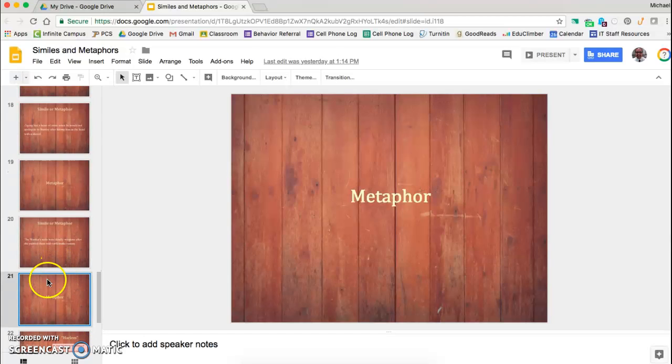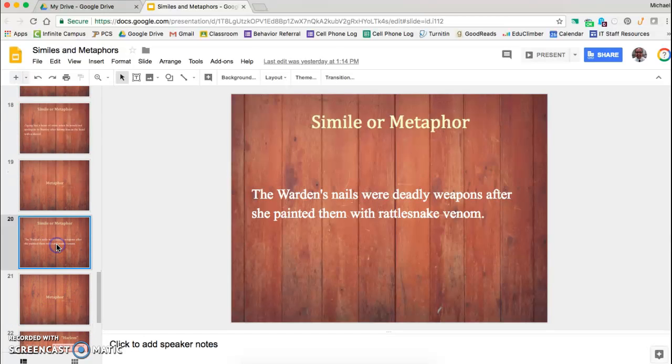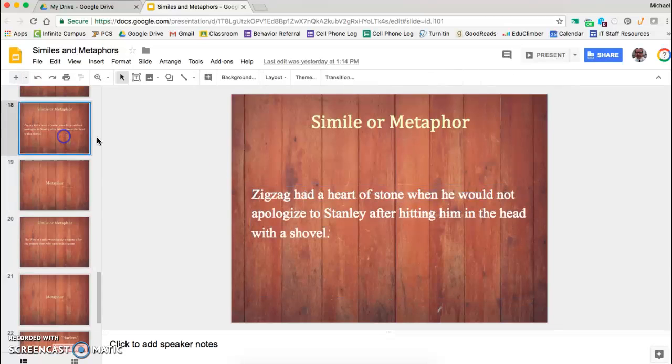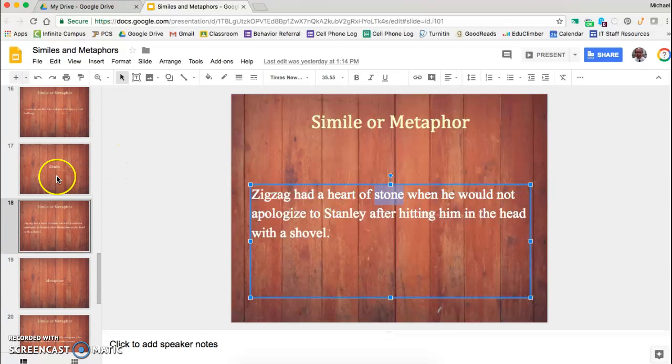Okay. For your practice worksheet, you'll notice that it asks you what two things are being compared, so you have to be a little bit more careful with it. So like in this one, the warden's nails are being compared to deadly weapons, and this is a metaphor. Okay. In this one, his heart is being compared to stone. So those are the two things being compared.